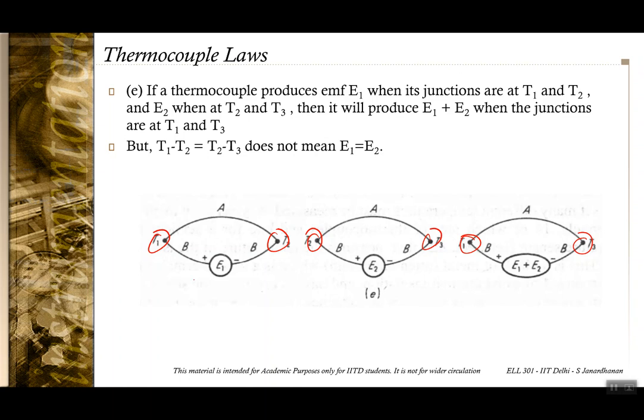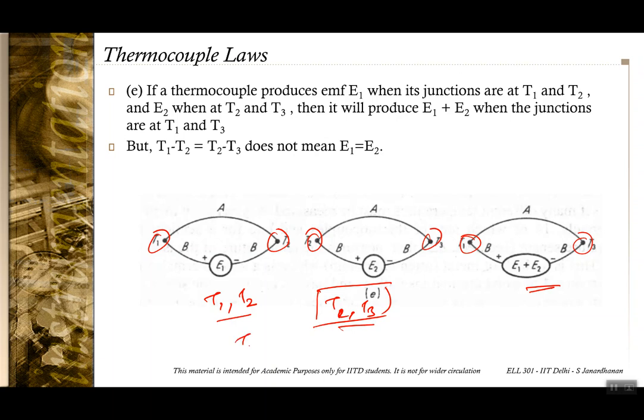Okay, however, it should be noted that here what we are talking about is the set of two temperatures. That is, if you have T1 and T2 here and T2 and T3 here, then the EMFs are additive.